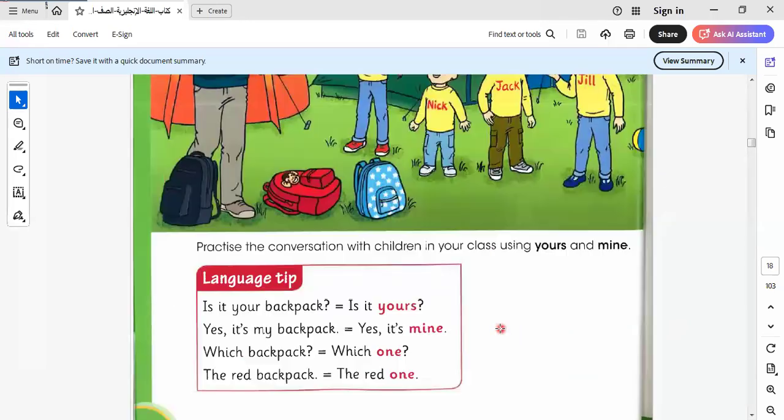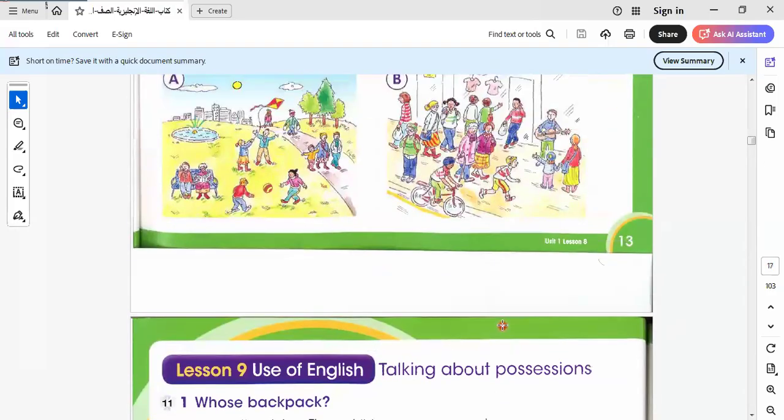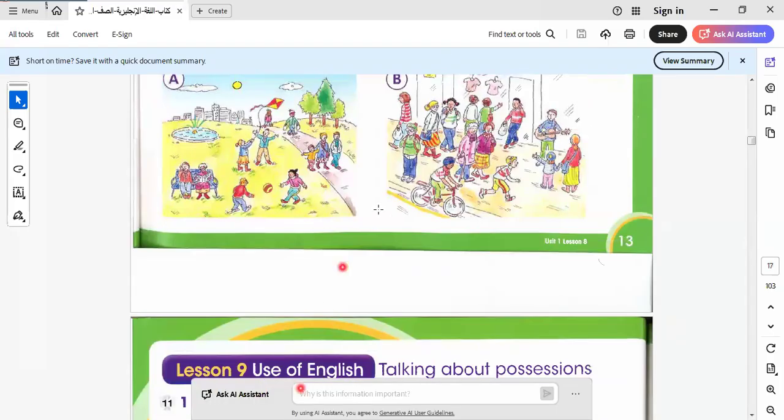Okay. Here today we take lessons 7, 8, and 9. I would like to revise on this in the booklet. I will revise it in the booklet.